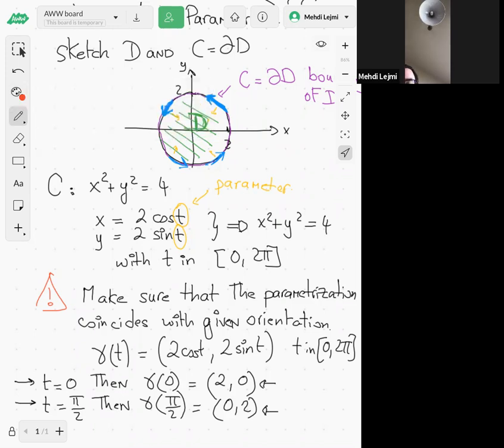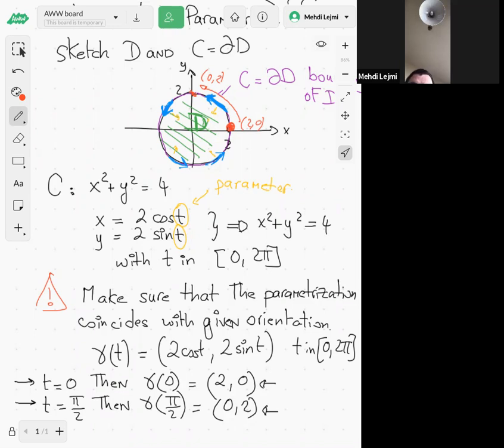This is 2, 0, and here is 0, 2. And that will coincide with the given orientation, the counterclockwise orientation, because I'm moving from 2, 0 to 0, 2.